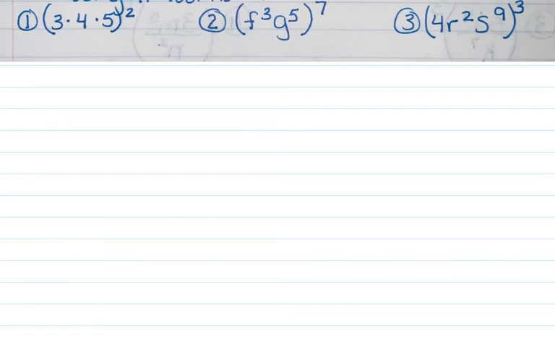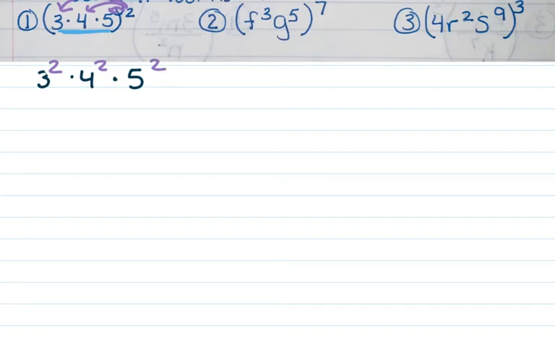You can see here we have 4 times 3 times 5, so there's a product inside here, and it's being raised to an exponent of 2. When they don't have an exponent, that's a 1. So we end up with 3 squared times 4 squared times 5 squared.